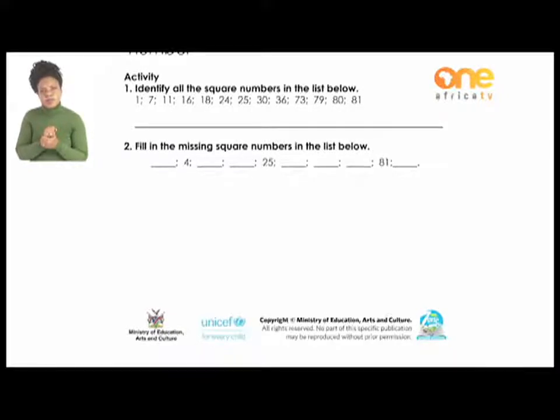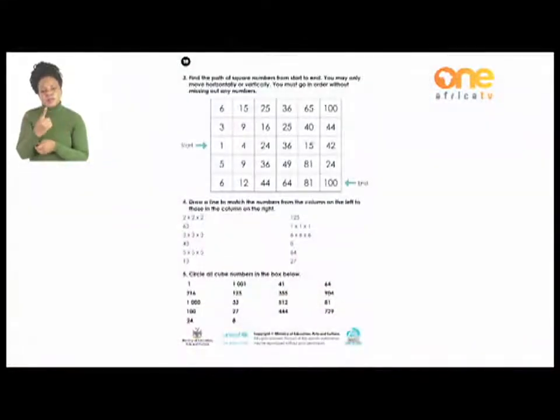We go to page 18 on our booklet with the third question, meaning to find the path of square numbers from the start to end. You may only move horizontally or vertically.